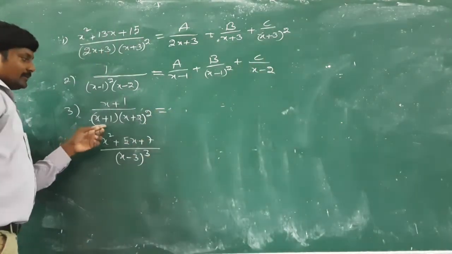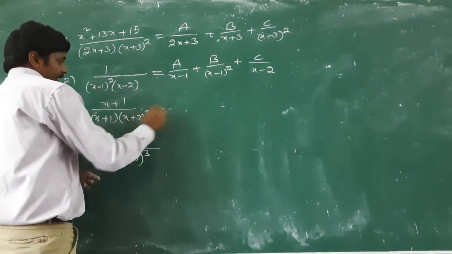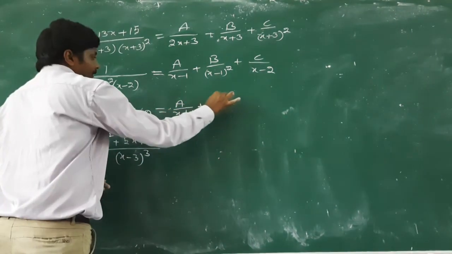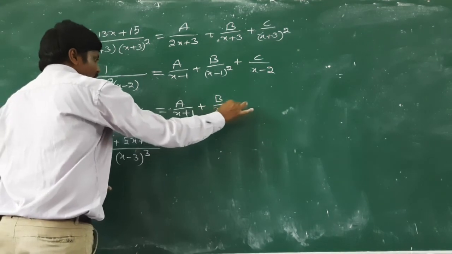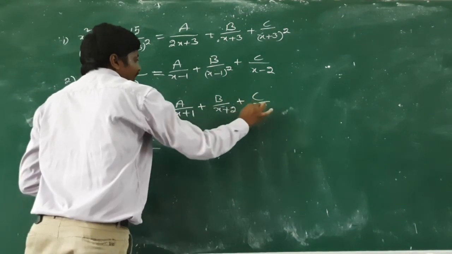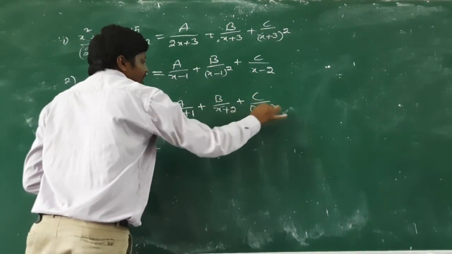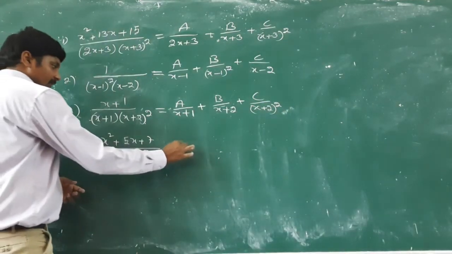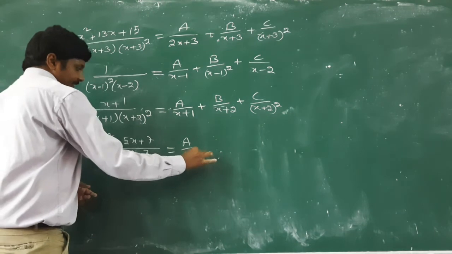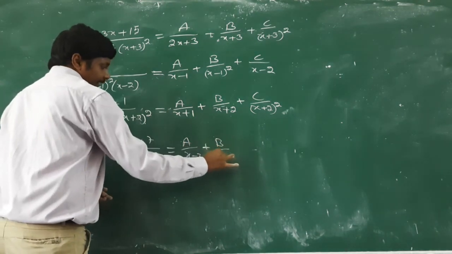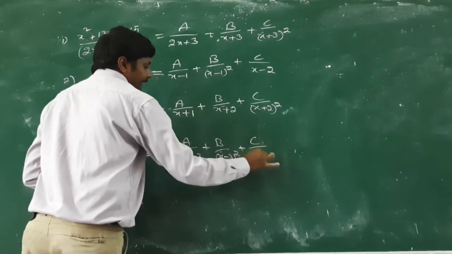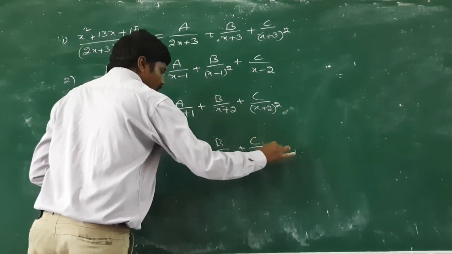Okay, third problem is also a proper fraction with repeated linear factor: A by x plus 1 plus B by x plus 2 plus C by x plus 2 whole square. And fourth problem is also A by x minus 3 plus B by x minus 3 whole square plus C by x minus 3 whole cube.